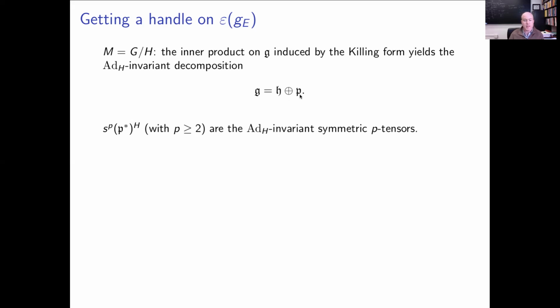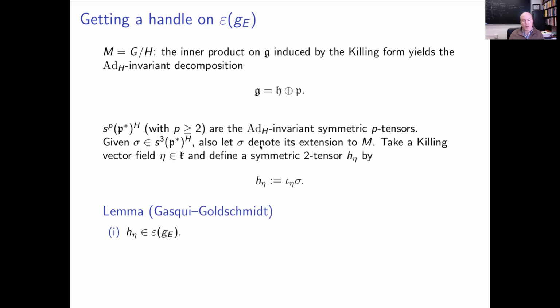Corresponding to this decomposition, you can look at the Ad-invariant symmetric p-tensors. If they're Ad(H)-invariant, they'll extend to be left-invariant tensors on the symmetric space. We're going to be particularly interested in S when p is equal to 3.